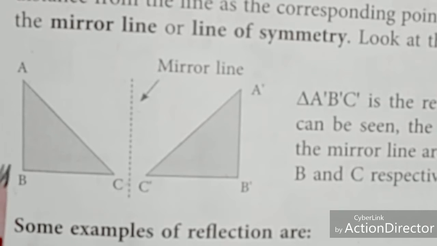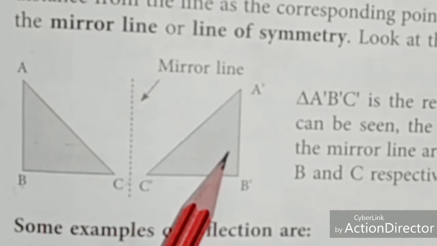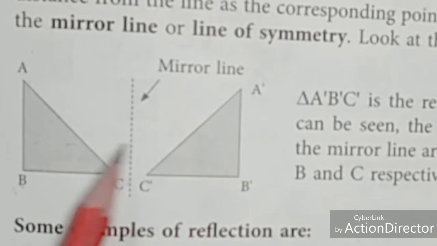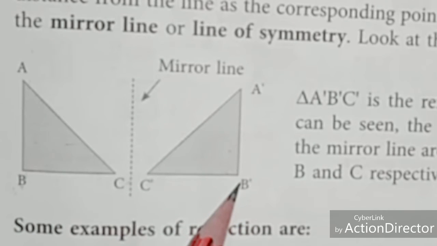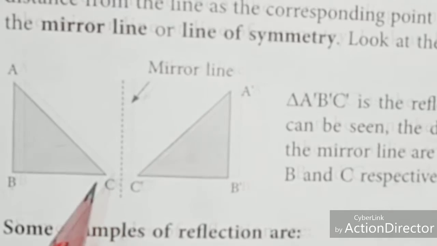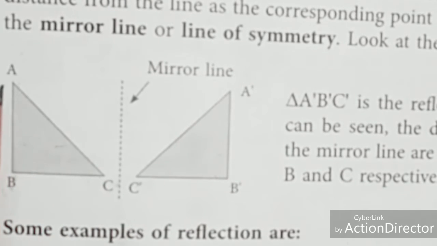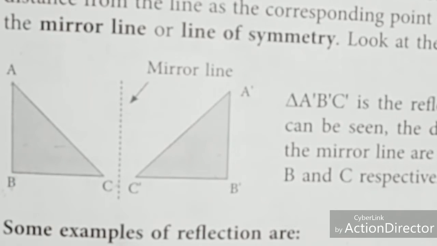But when we see the image of this triangle in the mirror, it looks like the opposite or the reverse of this image. Like B shifts from left to right hand side, and C from right to left hand side, and A shifts from left to right hand side.